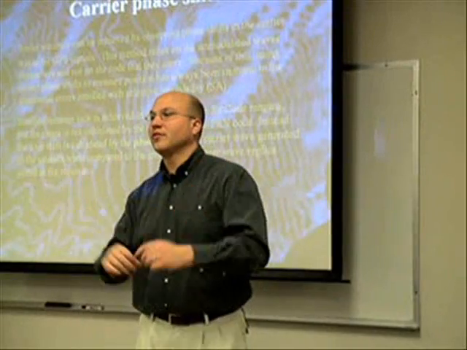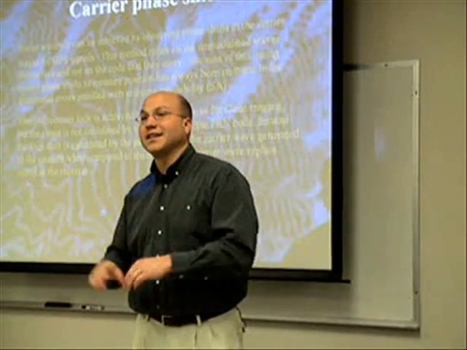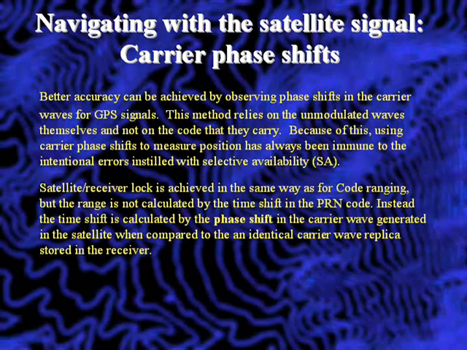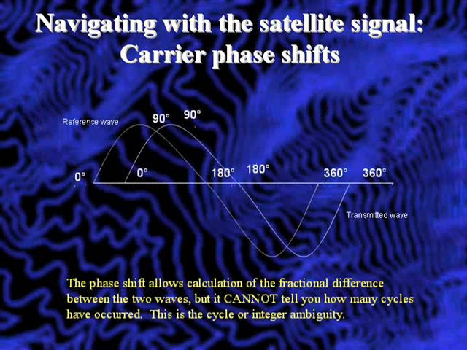You don't know when it left the satellite, because they look exactly the same. Those ones are the cyclic ambiguities, because you cannot really determine which wave you actually want to match up. Like with the code, you had those 0 and 1s that were specifically recreated. With the wave, you don't have that. It's basically the same thing over and over again. So that's one of the challenges here.